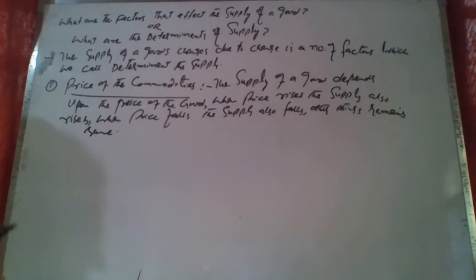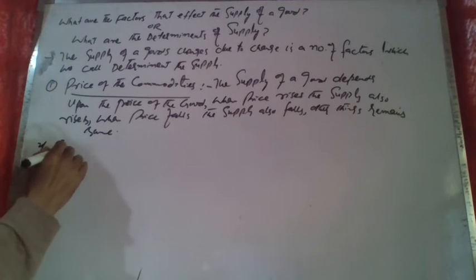So we can say there is a direct and positive relationship between price and quantity supplied. Here we clarify that the supply of a good depends upon its price. When price falls, supply falls. When price rises, supply rises. This is the first factor.